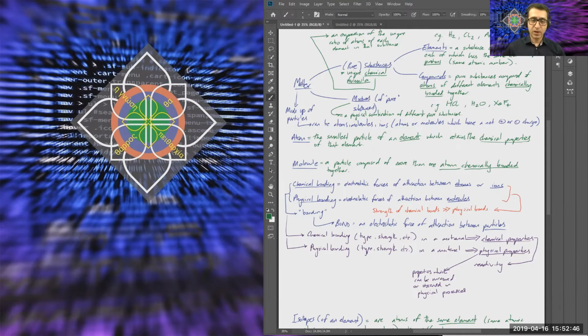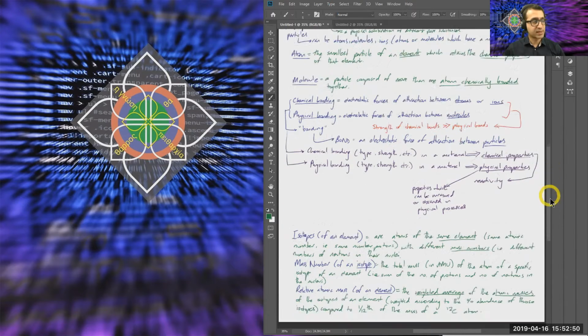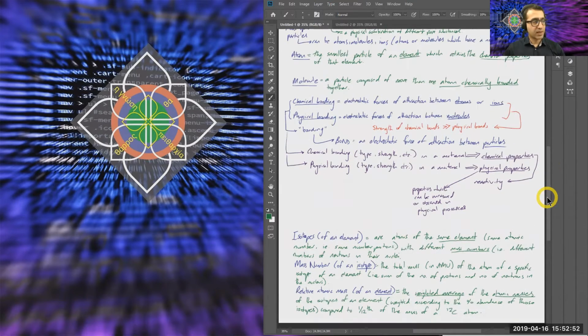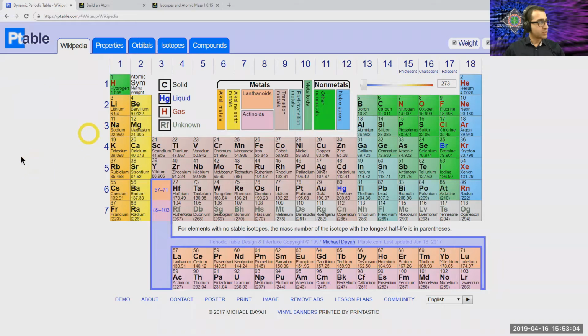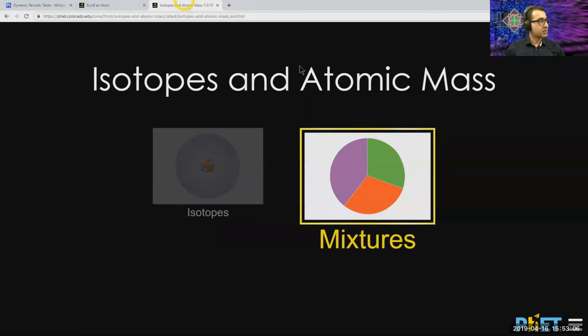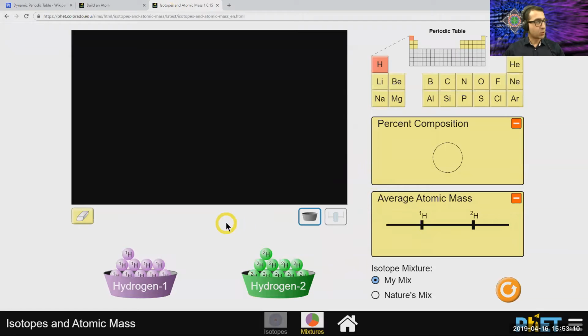So how about I quickly finish off the idea of relative atomic mass, how it is calculated, and then go into the exam questions. Okay, so let's quickly go through the idea of relative atomic mass. Now, again, I'm going to use another one of these very useful simulations, which talks about relative atomic mass in a little bit more depth.